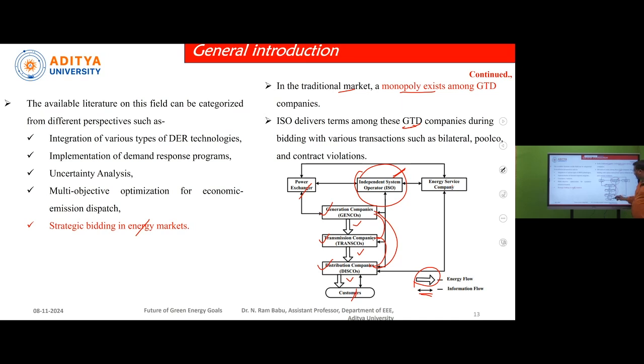That means here the consumers may get energy from the distribution company, or the consumers may supply energy to the distribution company in such a way that huge amounts of profit can be generated. So this is about strategic bidding. That means at what price, if we sell, we will get the maximum benefit. It comes under the bidding part.